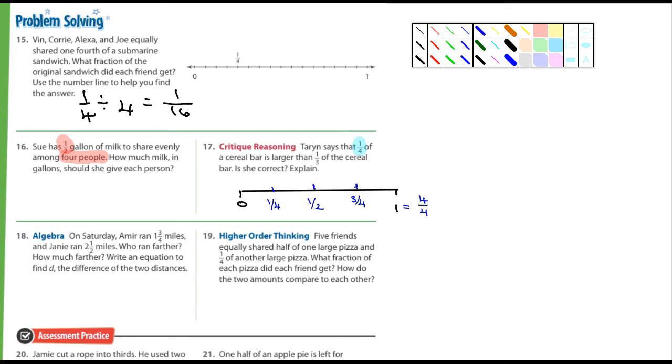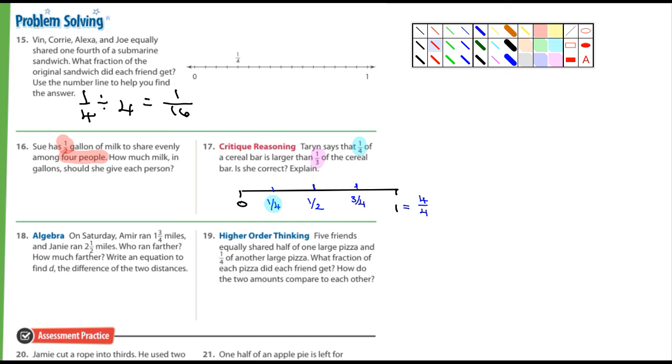So I'm going to highlight the 1/4 here, and then I'll use red or pink for the other one, 1/3. I'll use the pink here. Okay, so where's a third in this number line?